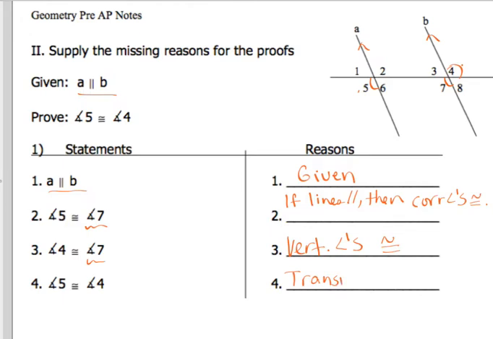Transitive property. And remember to put either equality or congruence depending on the statement. This one has congruent in the middle, so I'm going to put congruence at the end there. So there is a little bit more involved proof than the ones we did a moment ago.